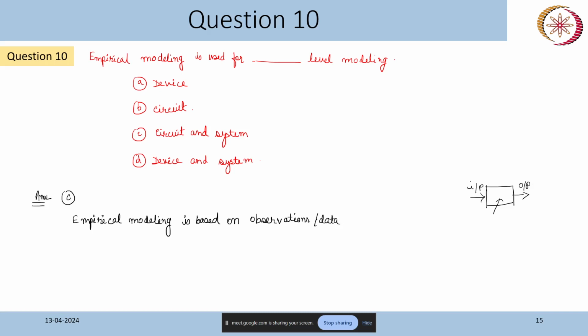I mean experimental data, or after characterization, what kind of result the system gives, rather than physics. So this is often useful to describe the behavior of a system, the behavior of a circuit, like how the system will behave overall.